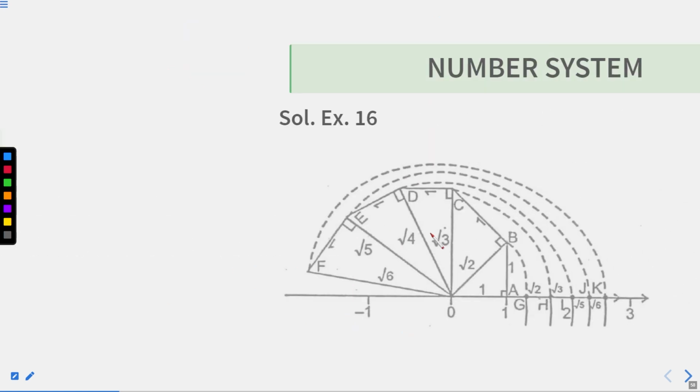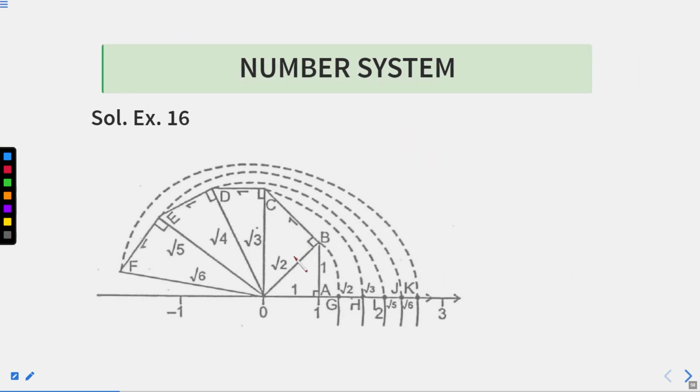It is quite easy. You can see, we plot 1 unit here, 1 unit here, and by the Pythagoras theorem or the distance formula, we get the root 2 distance, and then draw the 90-degree line such that it makes a 90-degree angle here. So we get root 3 here, and then using the compass, we get it here.